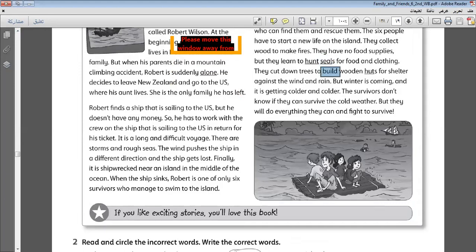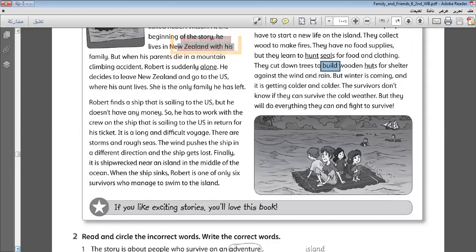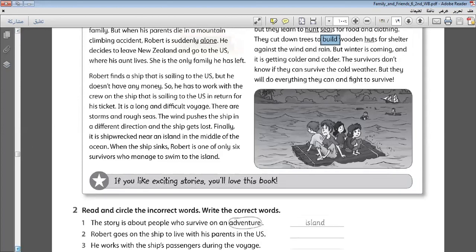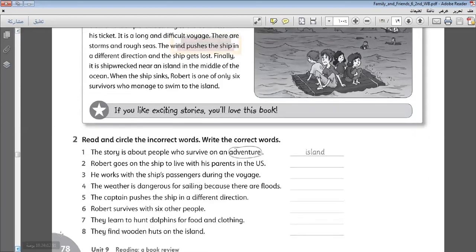You can find it here. They cut down trees to build wooden huts. Yes. Can you see it? So we replace find with build. Yes. Thank you very much. So we underline find and replace it with build.